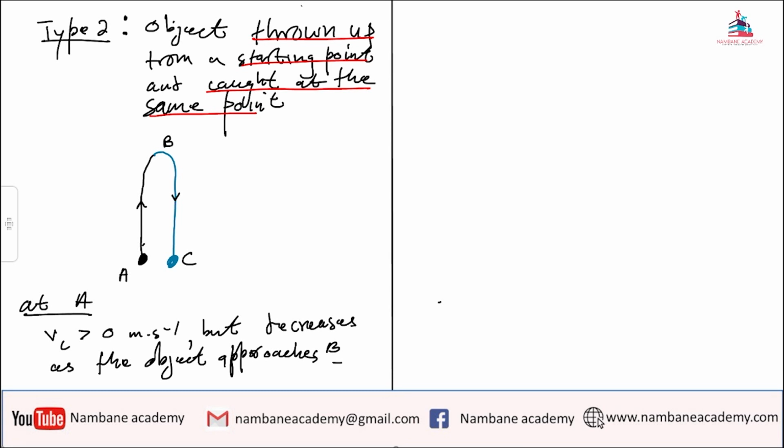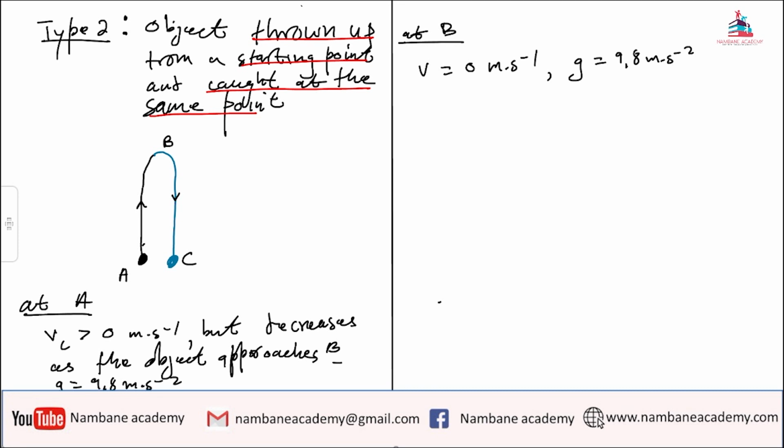Let's say then, at B, there's a lot of things happening. V is equal to 0 meters per second. G is equal to 9.8 meters per second squared. And obviously G here is also 9.8 meters per second squared.